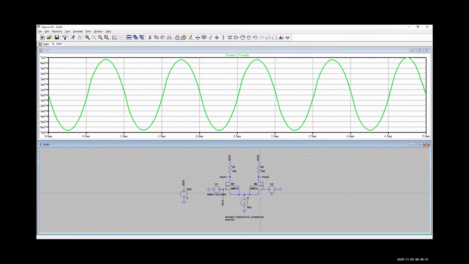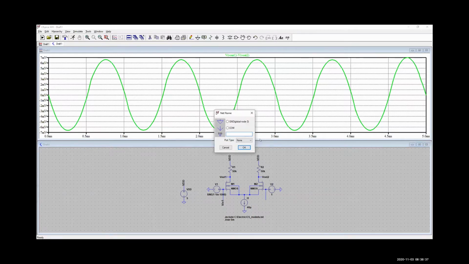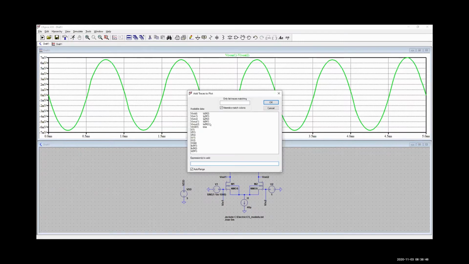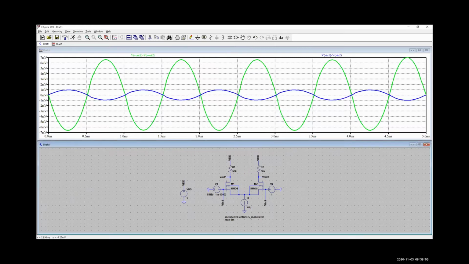And on the other side, I'm going to define this node as VN2. And now I can add my trace that is simply VN1 minus VN2. And I see that I have a differential gain, okay?